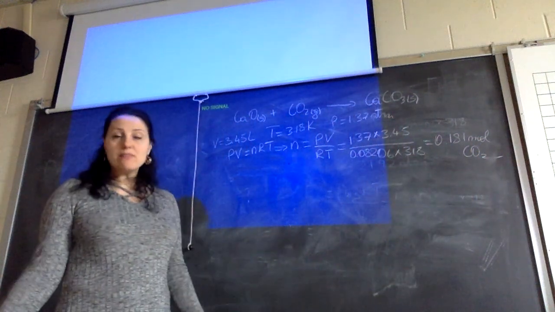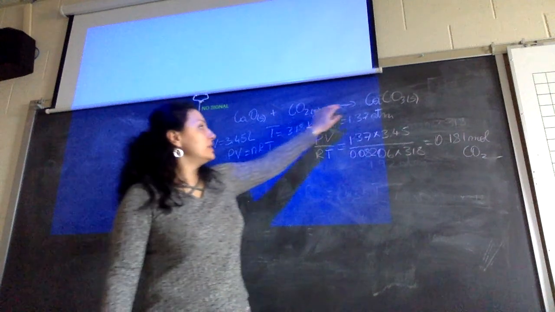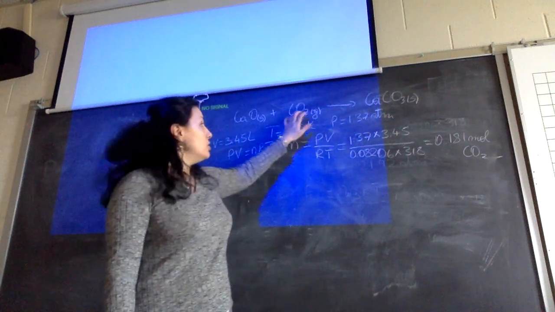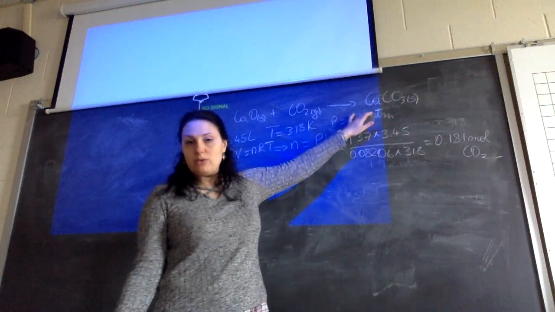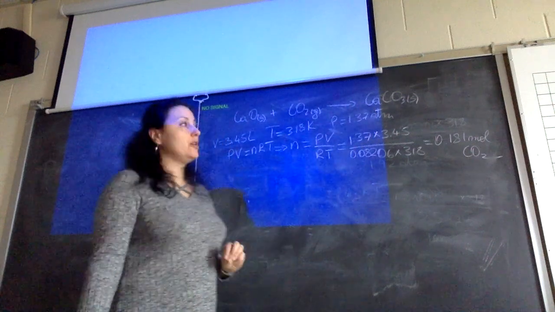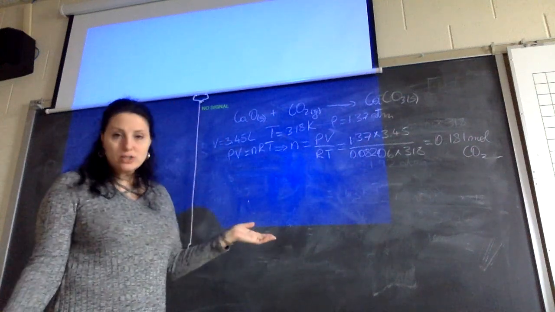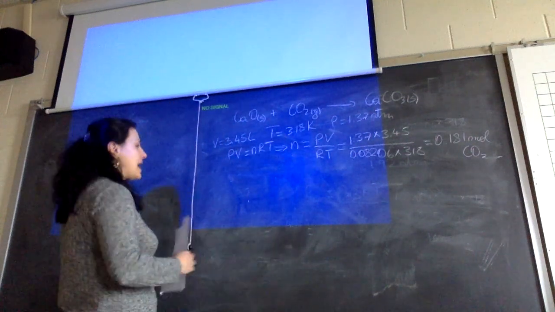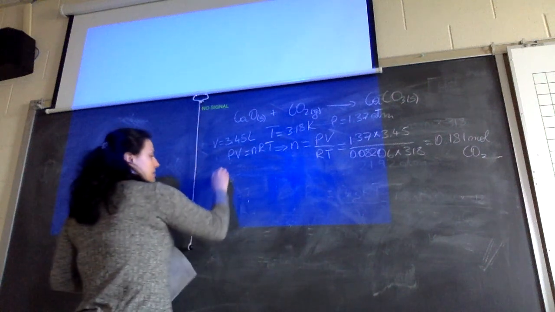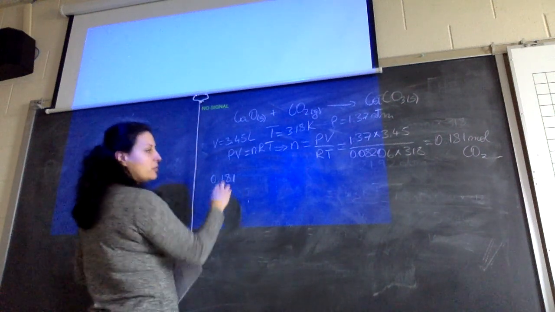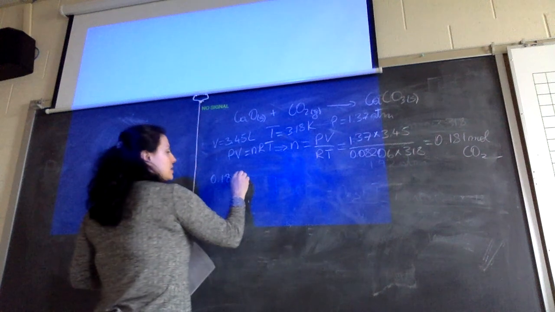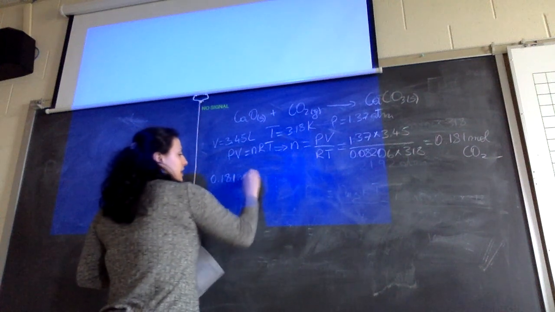Okay, now I have moles of CO2. I can relate the moles of CO2 by using the chemical reaction to moles of calcium carbonate. It's a 1-to-1 ratio, which means that this should be the same amount of moles of calcium carbonate.